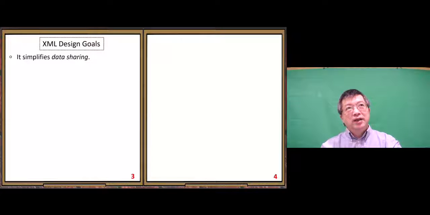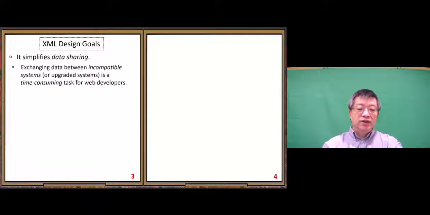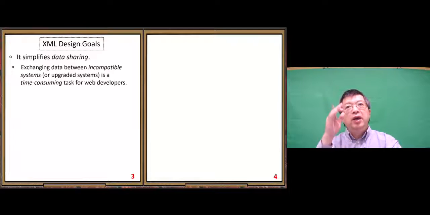What is the specific meaning they want for this goal? This is one of their goals. They want to achieve exchanging data between incompatible systems. Incompatible systems, okay?